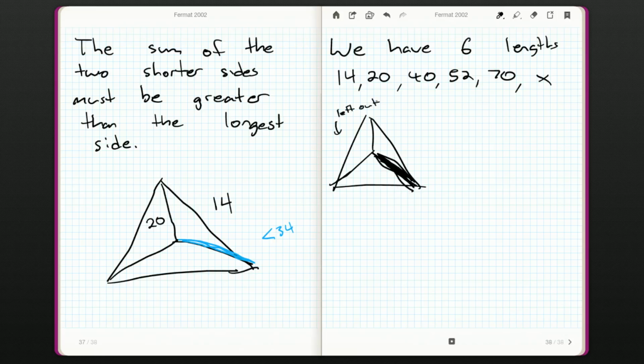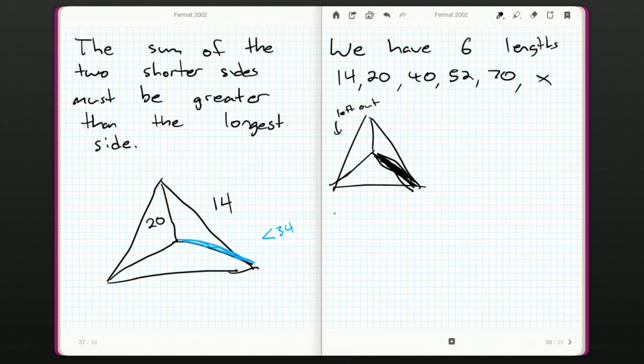Actually, I think it might be better to talk about this left out side as well. 14 and 20 either go with an x, or as I already remarked, there's no way to make this side length work.